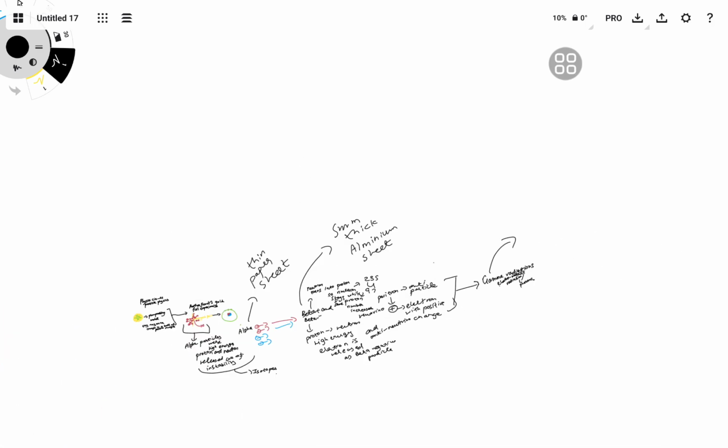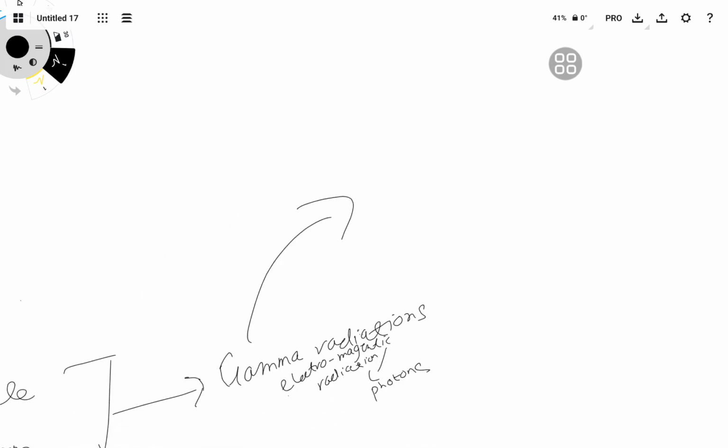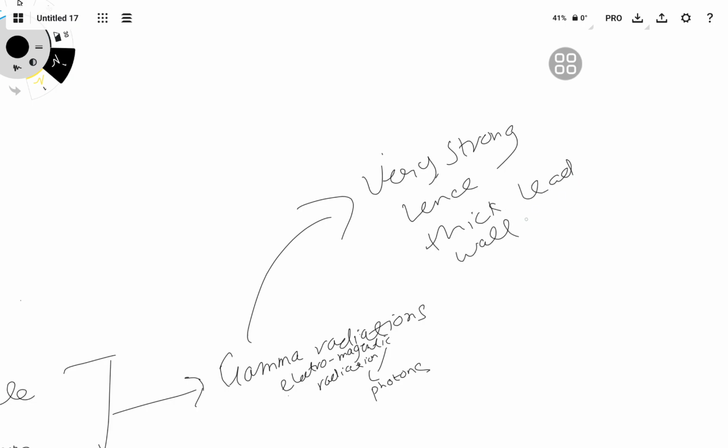Gamma is stopped by lead. It is a very strong and potent radiation, hence a thick lead wall is required.